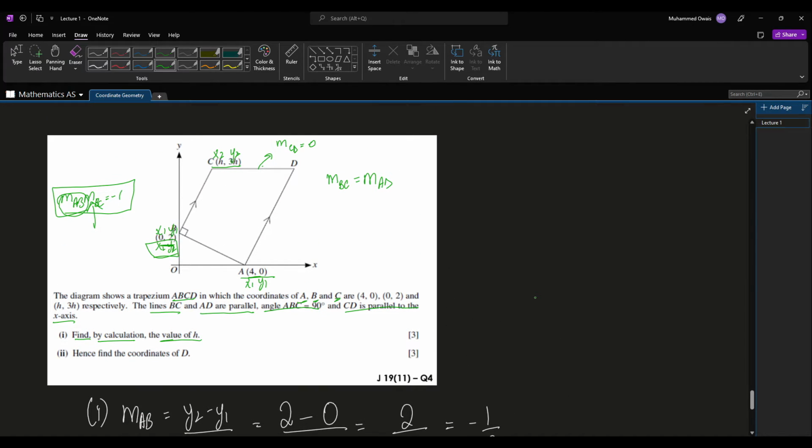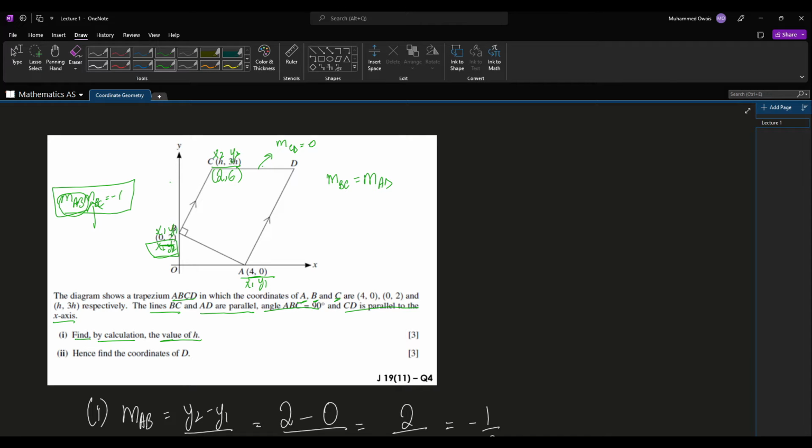Now then, to find the coordinates of D, how about I replace h with the actual coordinates? So then C now becomes: h we just found is 2, 3h becomes 6, as 3 into 2 is 6.